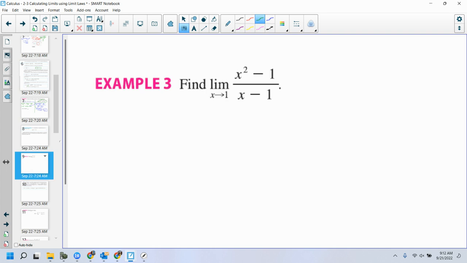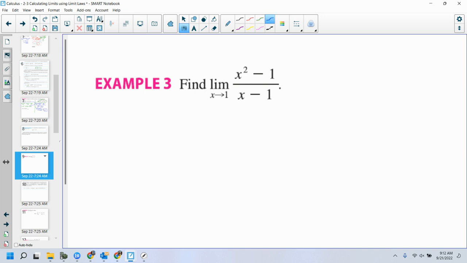This one should look familiar. This is actually one of the very first ones where we applied the plug and chug method. This is one of those very first ones that we applied the 0.9, 0.99, 0.999, 1.1, 1.01, 1.001.